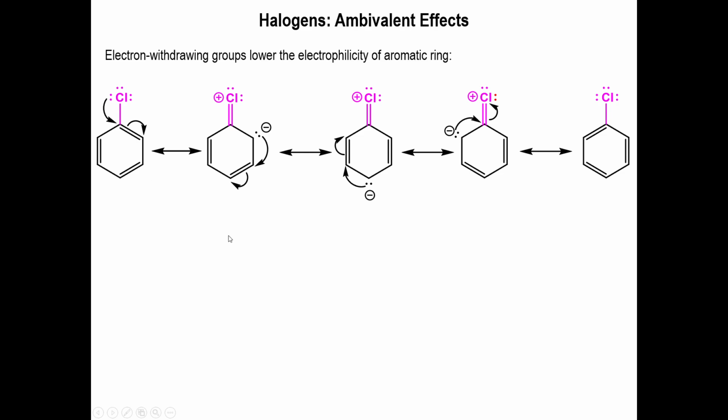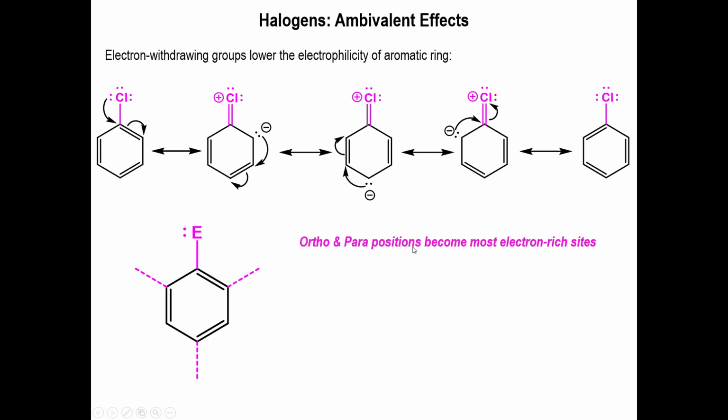But what you're basically seeing now is that because of the presence of those lone pairs, the ortho and para positions are actually the most electron-rich portions of the molecule. So in the presence of halogens, you will still undergo substitutions in the ortho and para positions, which is to be contrasted from what happens with the strong and the moderately strong deactivators.